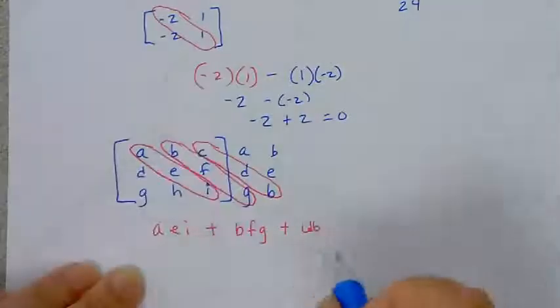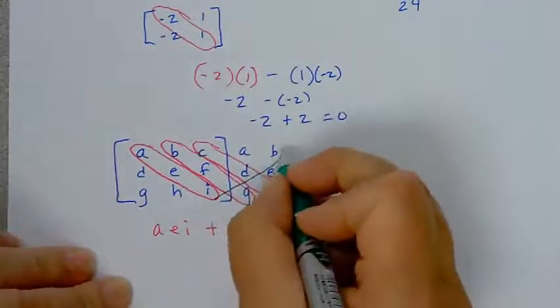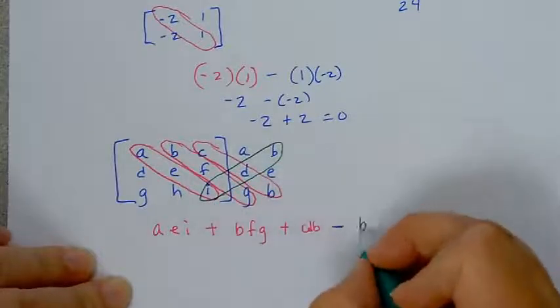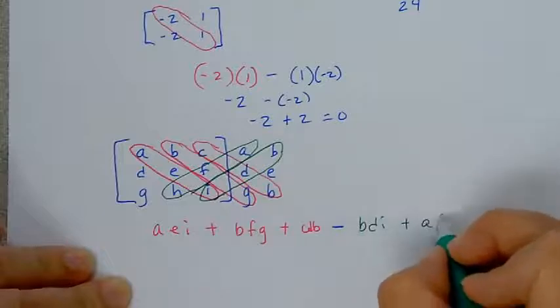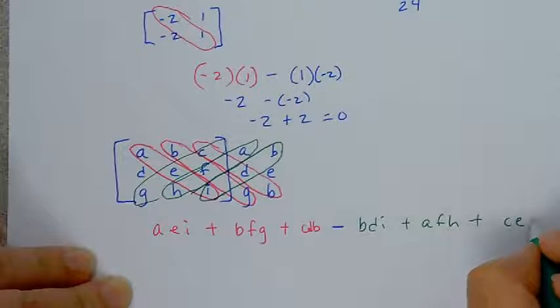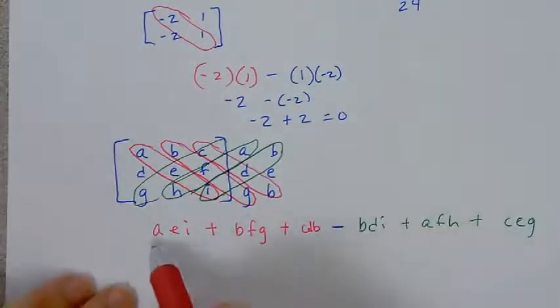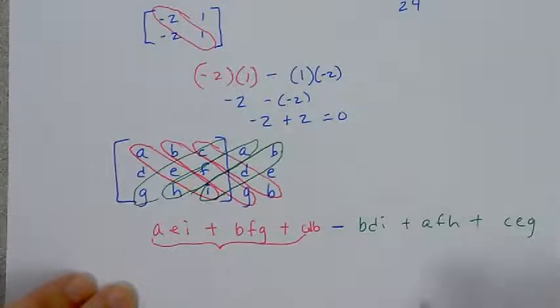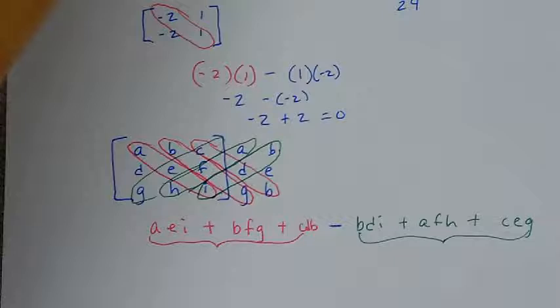And then I'm going to subtract the other direction: B times D times I, AFH, and CEG. Now every single letter has been used. So I would find the answer to this part and the answer to this part and subtract the two numbers. Let me show you one using some numbers.